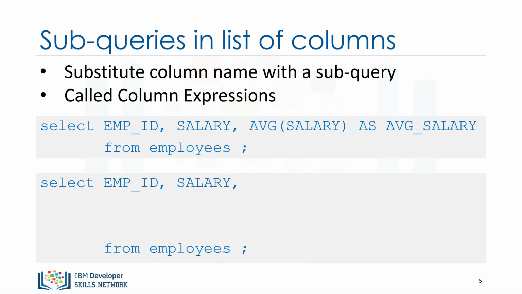We could try a query like select employee ID, salary, average salary as average salary from employees. Running this query will result in an error indicating that no group by clause is specified. We can circumvent this error by using the average function in a subquery placed in the list of the columns.